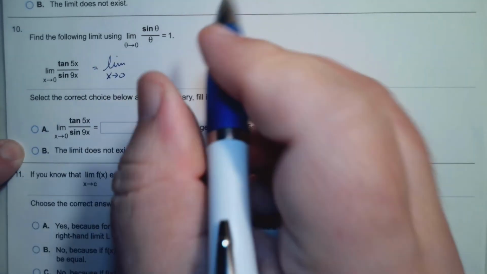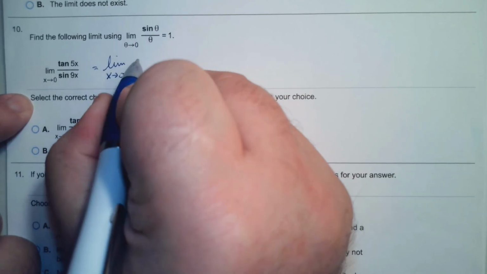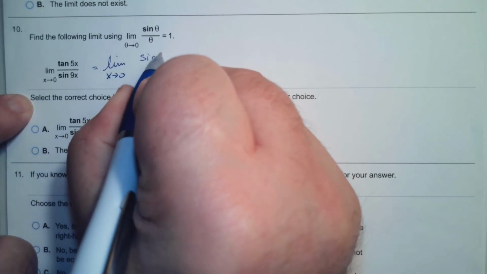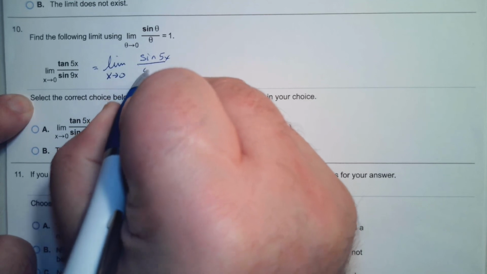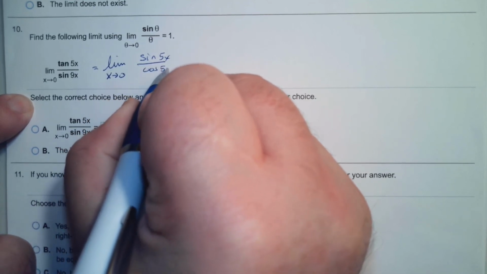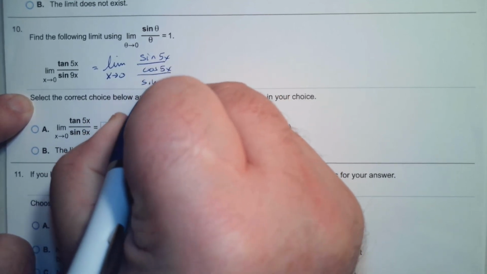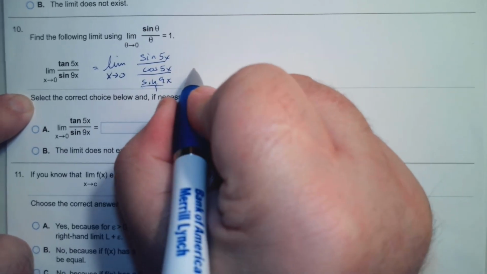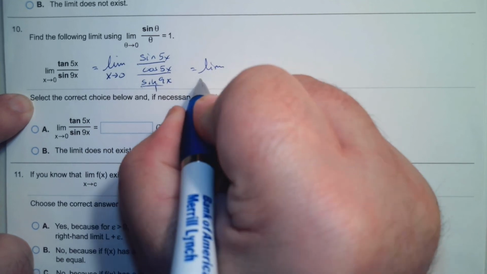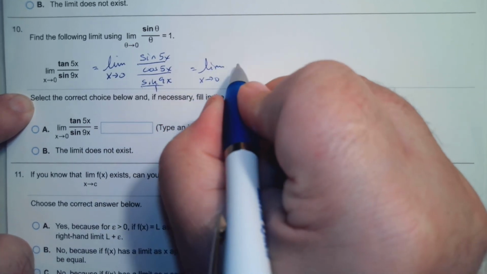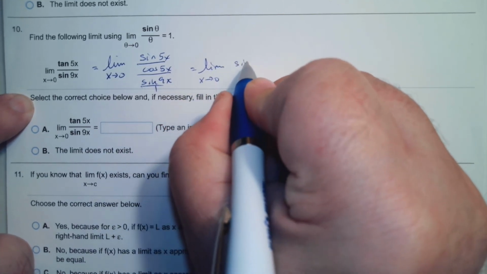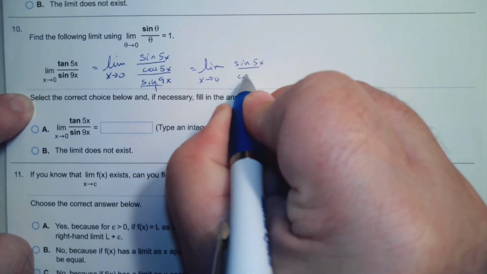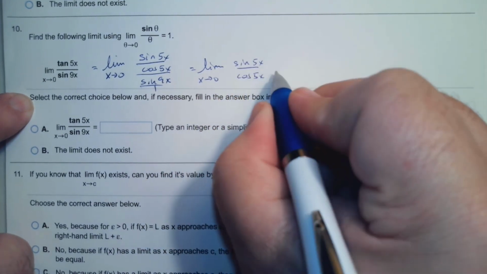Limit as x goes to 0. Sine 5x cosine 5x over sine 9x over 1. Limit as x goes to 0. We have sine 5x over cosine 5x.